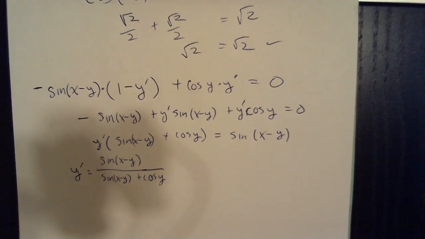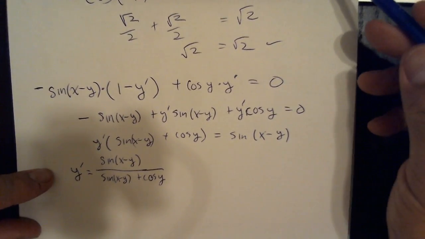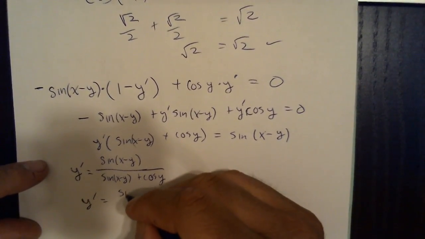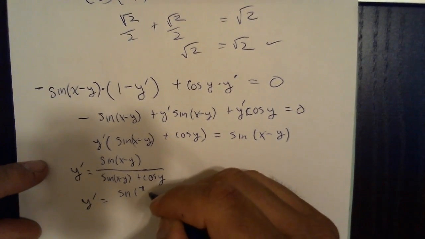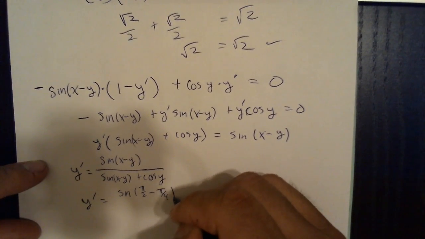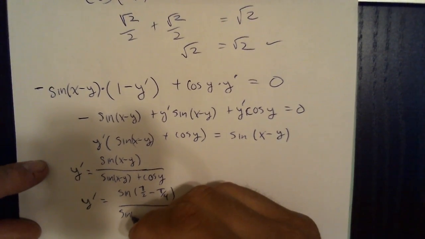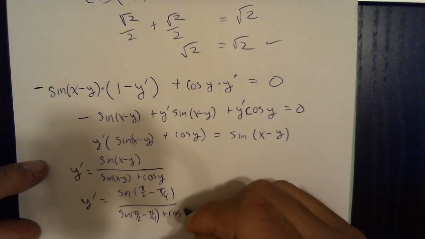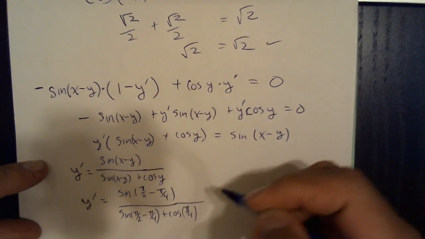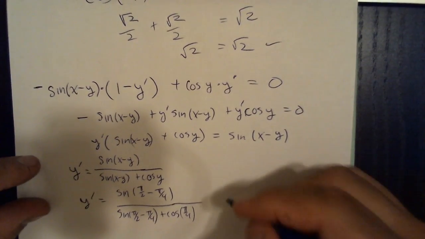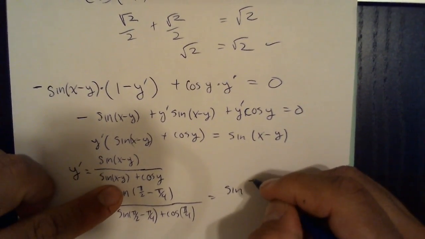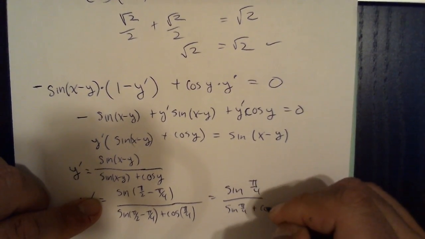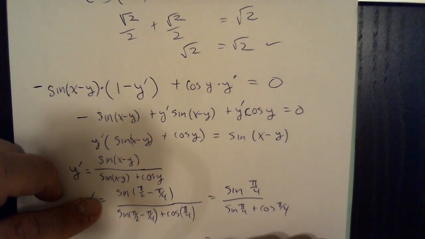Now with this expression, the next thing is I'll plug in the point that I have here to find the slope of the tangent line. That gives me sine of pi over 2 minus pi over 4. Simplifying here, this will be sine of pi over 4, and all of these are root 2 over 2.